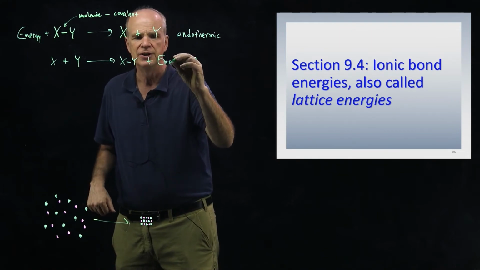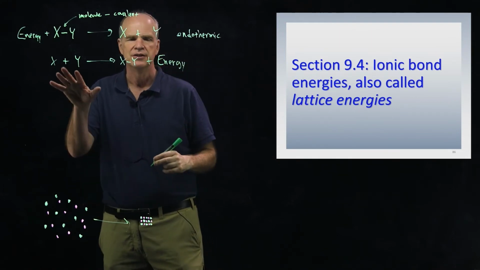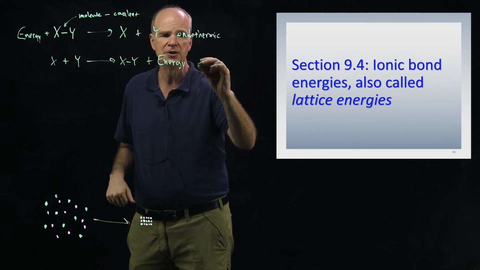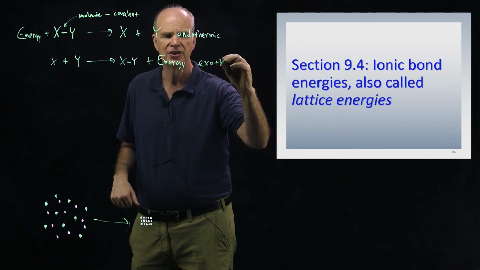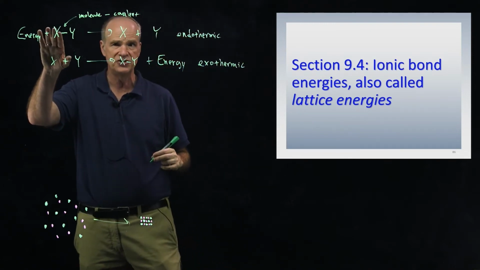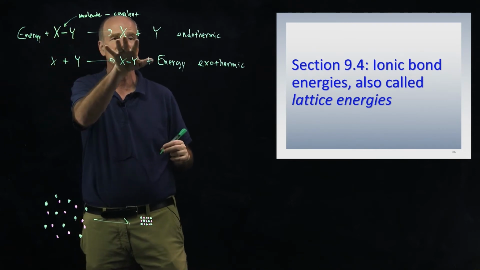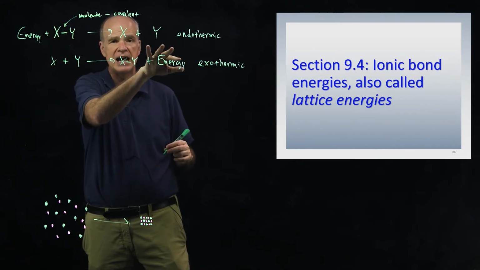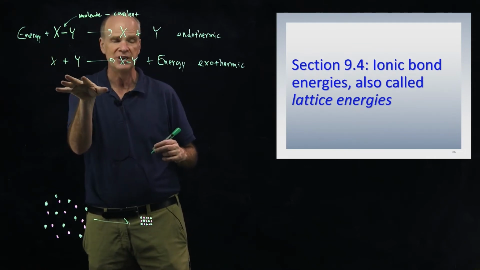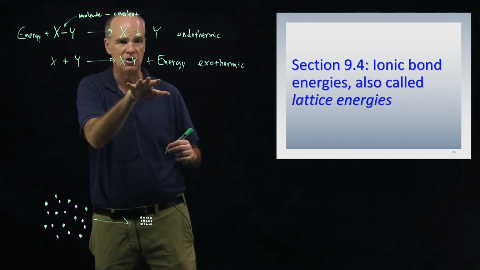So forming a molecule with bonds is a very exothermic process. Any energy needed to break the molecule into the separate atoms will be released if you take the separate atoms and form the molecule from them.